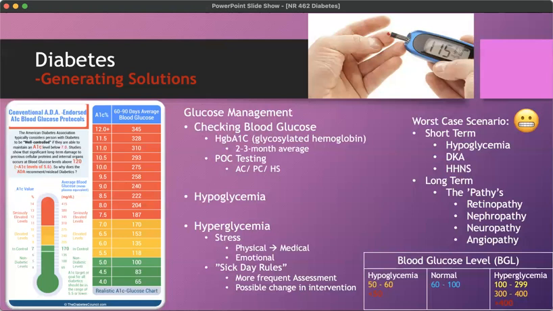And then there's a category of ways we manage hyperglycemia called sick day rules. If patients have an infection or an illness that's acutely exacerbating, this can cause alterations in their blood sugar towards hyperglycemia. So we want to do more frequent assessments of their blood sugars and also possibly more frequent interventions.